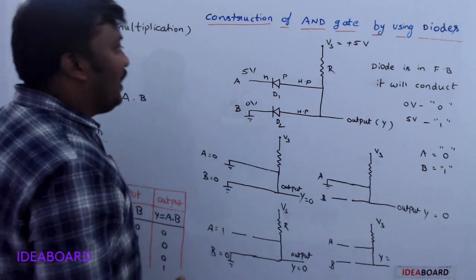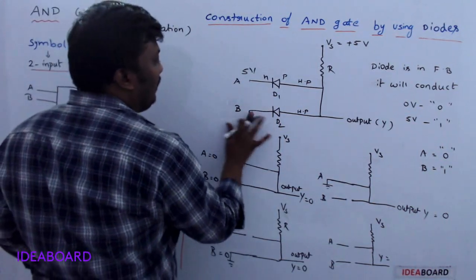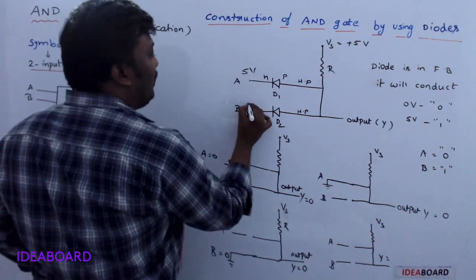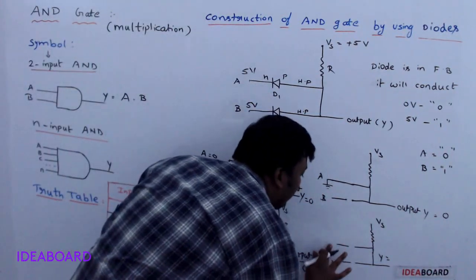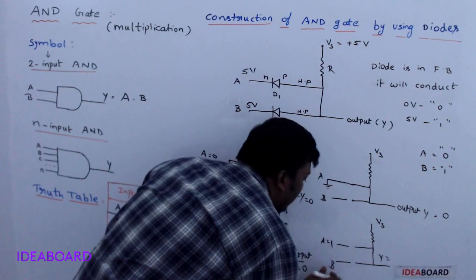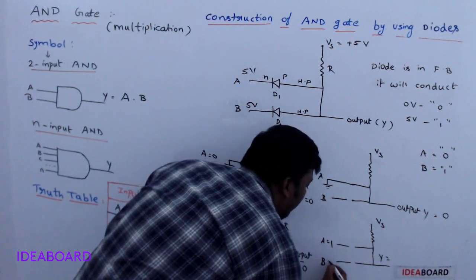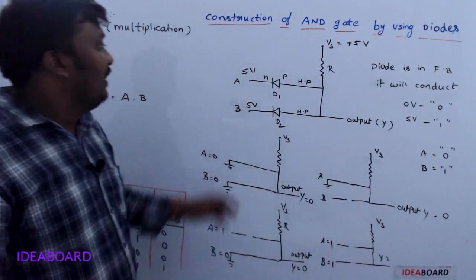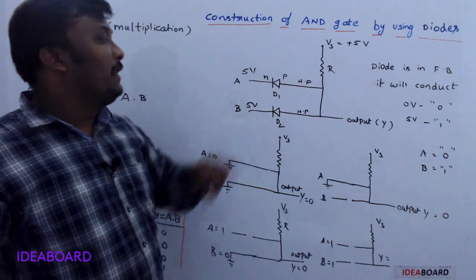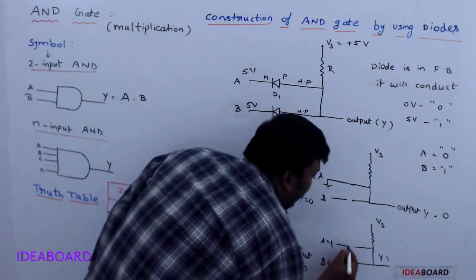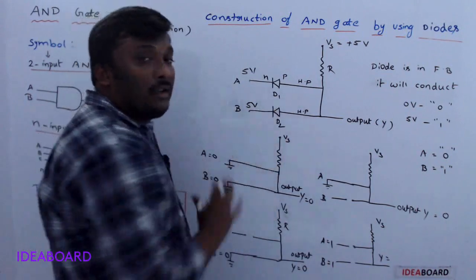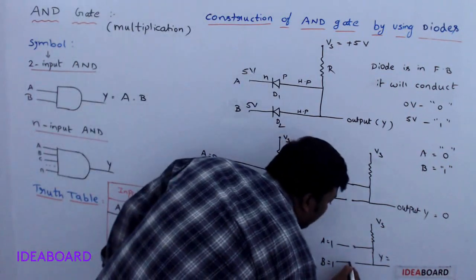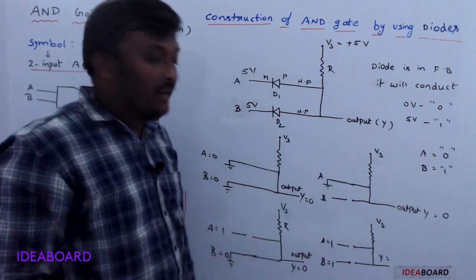Clear? Now the last case. A is 5 volt, B is also 5 volt. That means A is equal to 1, B is equal to 1. It's very important. Listen carefully. It is 5 volt, which is also higher potential, so D1 will not conduct current. It is 5 volt, also higher potential, so D2 will also not conduct current.